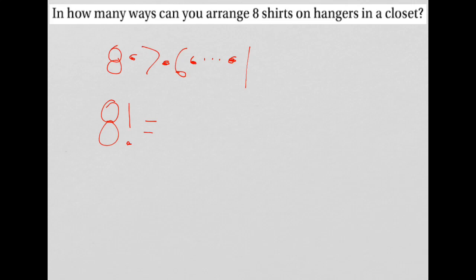So hopefully you were able to get that in your calculator. 8 factorial is 40,320 different ways to organize those shirts. Again, that number is way too big. That's a ridiculously large number of options for only 8 things. Yet, it is the number of options. So, there you go.